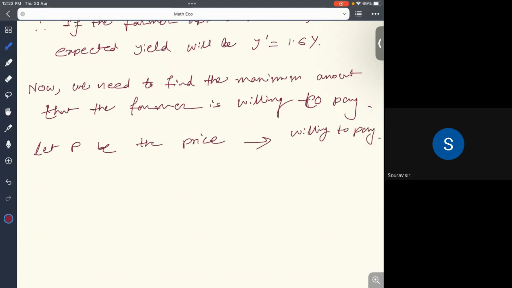Okay. And let delta pi be the increase in profit. We know that. So this is nothing but the increase in profit, or the change in profit, as a result of the fertilizer application.